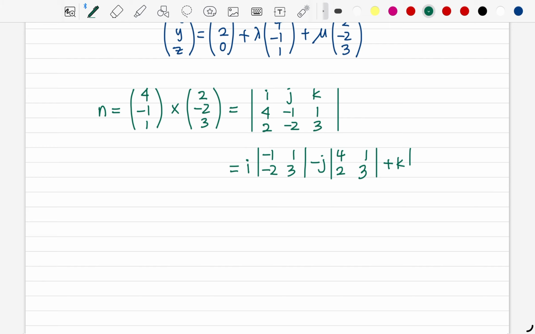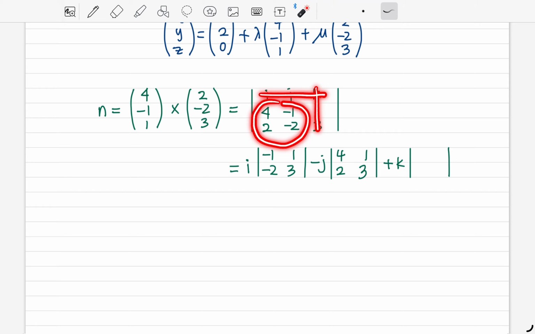Plus k of the determinant of the matrix by deleting first row, third column, and 4, -1, 2 and -2 must get into this matrix.